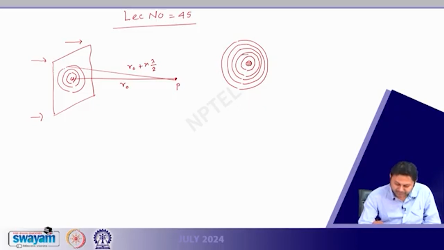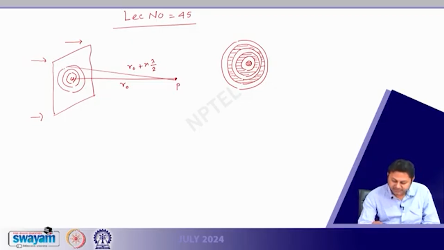I am shading the alternating zones so that one can understand how this is formed. This is the way the zones are formed here.